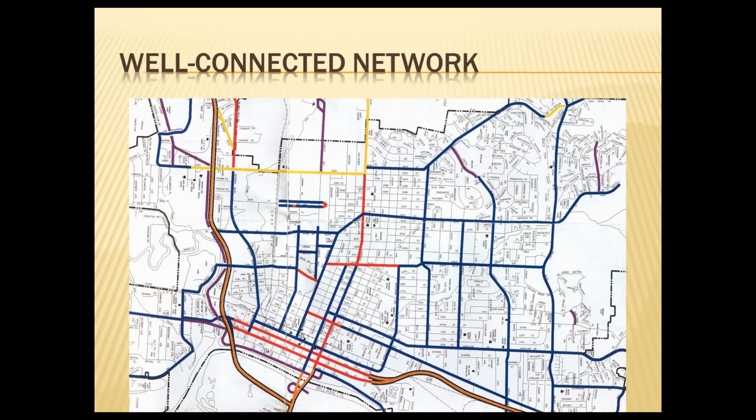But when you start looking at collectors and arterials, have they become barriers to getting to the adjacent neighborhood, or are they so uncomfortable that you can't get across town to a place of employment or a shopping center or a school because you're fearful of riding along that corridor, or there's no corridors that connect up that are comfortable? Mike, you had an experience with Phoenix's bike master plan, and would you like to share that?